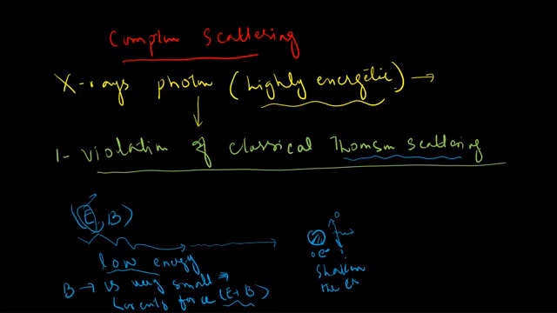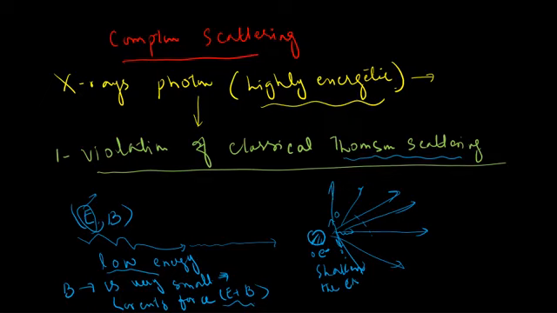So when the incoming weak electromagnetic radiation shakes the electron, the electron starts its to and fro motion, and due to this motion it emits electromagnetic radiation in all directions.